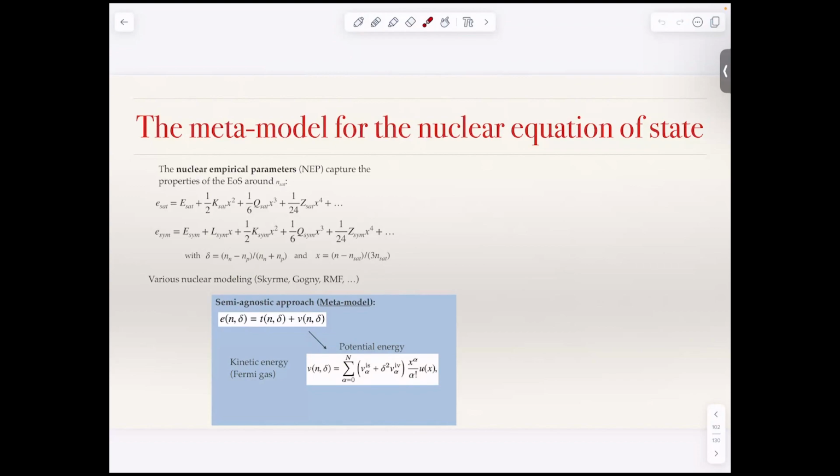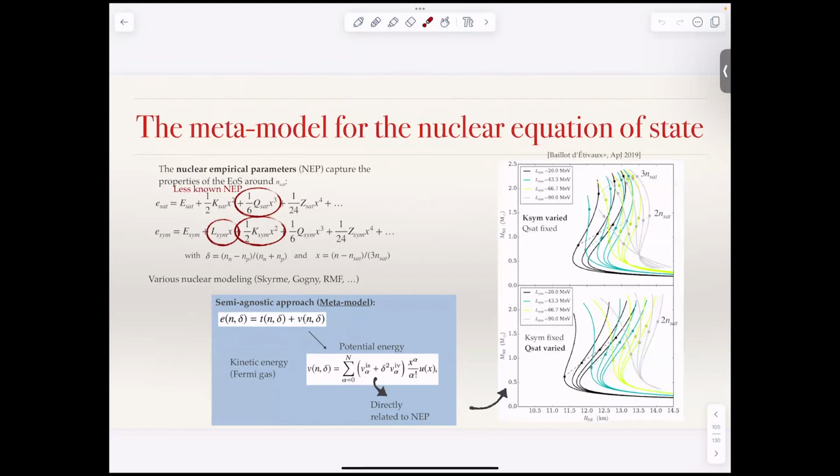And the advantage, as you can see, is that your mapping of your equation of state is quite analytical, and therefore it is very well adapted for exploration of the possibilities of the uncertainties than if you use, for instance, a microscopic time-consuming approach.